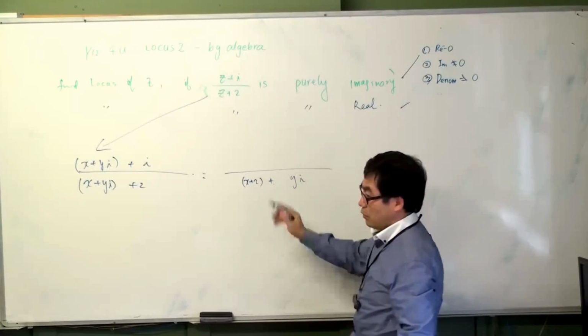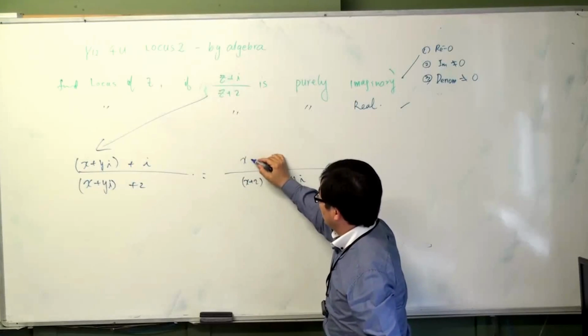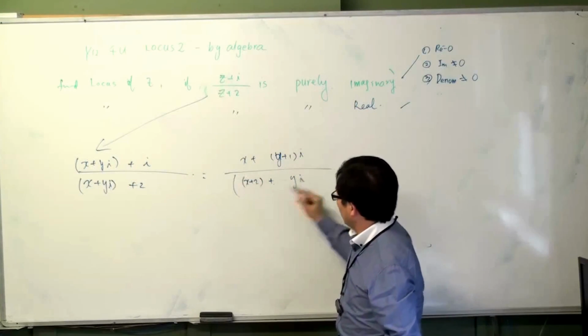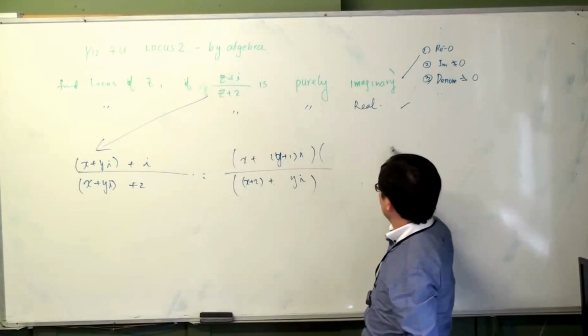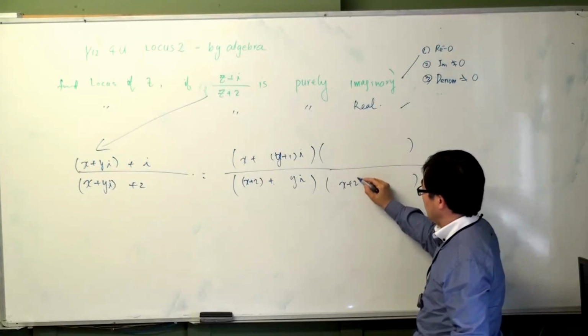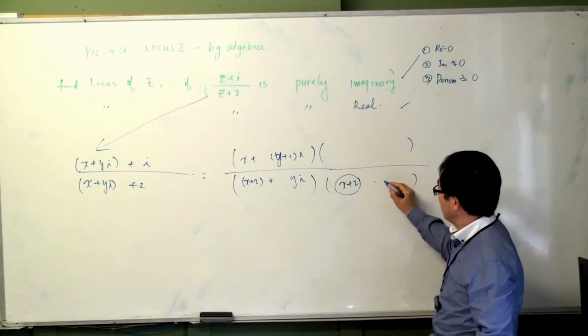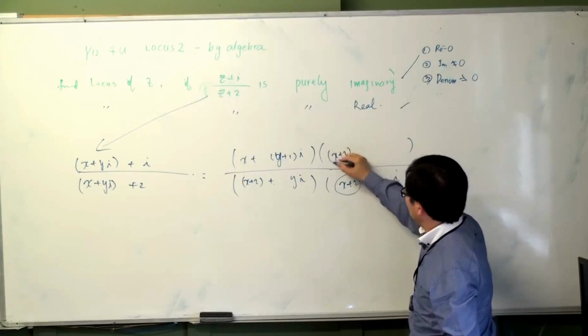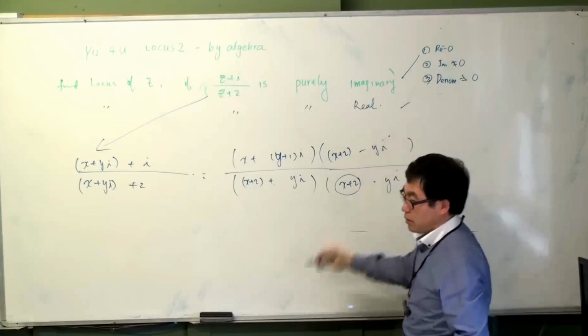That's yi. Now look, x plus (y plus 1)i, and you try to rationalize it. Then x plus 2, you multiply by the conjugate, x plus 2 minus yi.